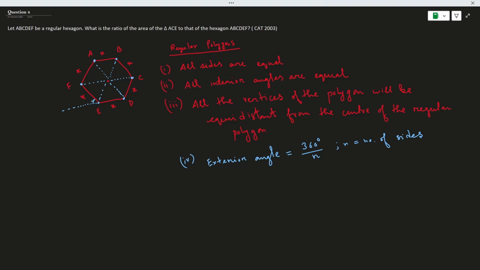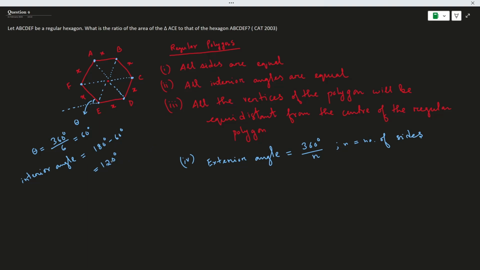Suppose this is theta. Theta will be equal to 360 degrees by n. N is the number of sides, which is 6, so 60 degrees. Now if the exterior angle is 60 degrees, the interior angle will be equal to 180 degrees minus 60 degrees, which gives you 120 degrees. That means in a regular hexagon, all the interior angles measure 120 degrees.